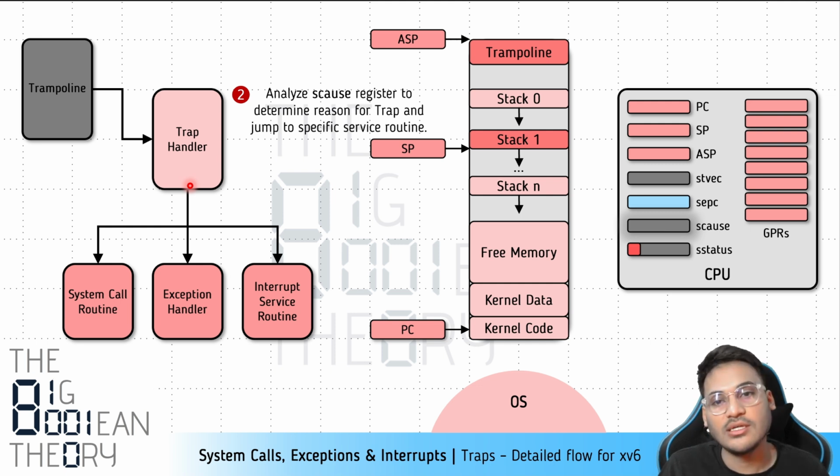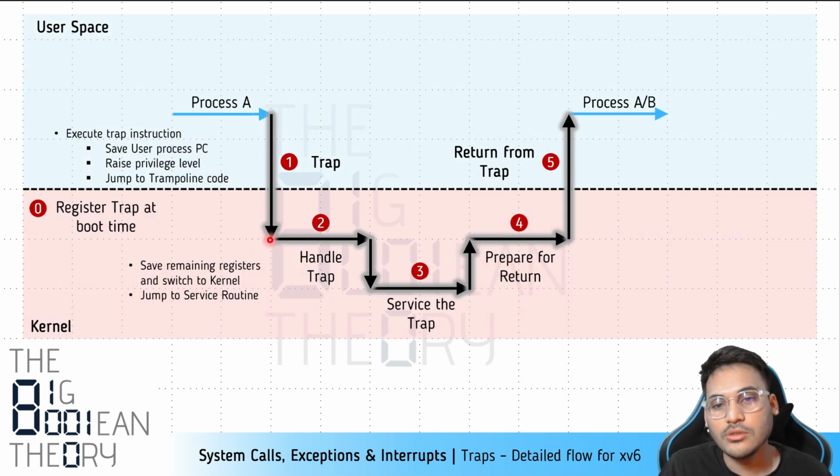Again, all of this is in the context of the xv6 operating system. In other operating systems it might happen in a different way, but since we are discussing xv6, this is how it happens. So this second step is done. To summarize, before the beginning of the second step, we had just jumped to the trampoline code but had not executed it.